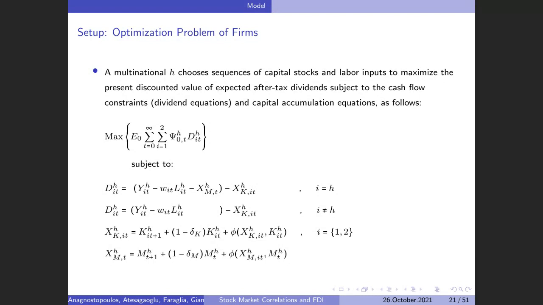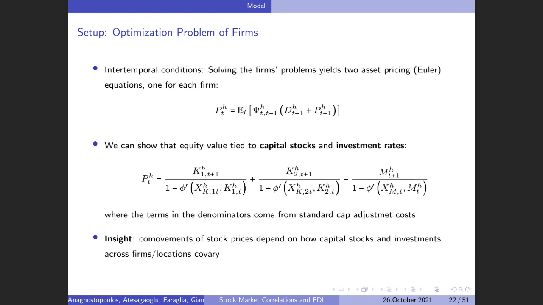But if I replace these dividends inside, and also replace the accumulation functions for capital stocks into this equation and do tedious math, at the end what I get is that the only thing that affects the price of a corporation is the level of capital stock that you have for all these three. So the level of capital stock is tangible capital stock at home, tangible capital stock away, and the technology capital stock that you have.